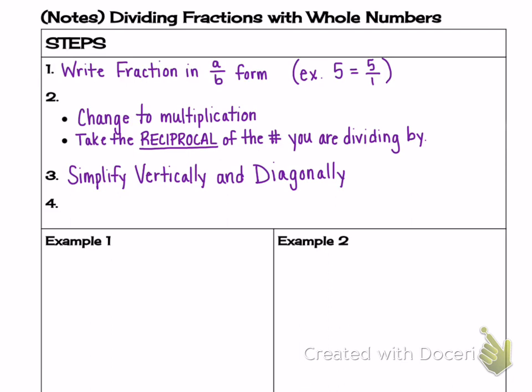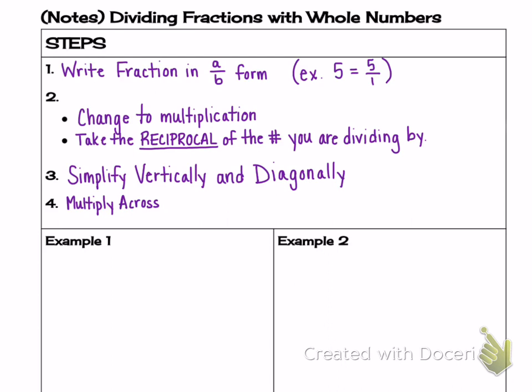After that, our last step is to multiply across. Remember to always make sure that your answer is completely simplified at the end. If it's improper, you need to change it to a mixed number and check to see if there's any factors you can divide out. All right, let's start with an example.